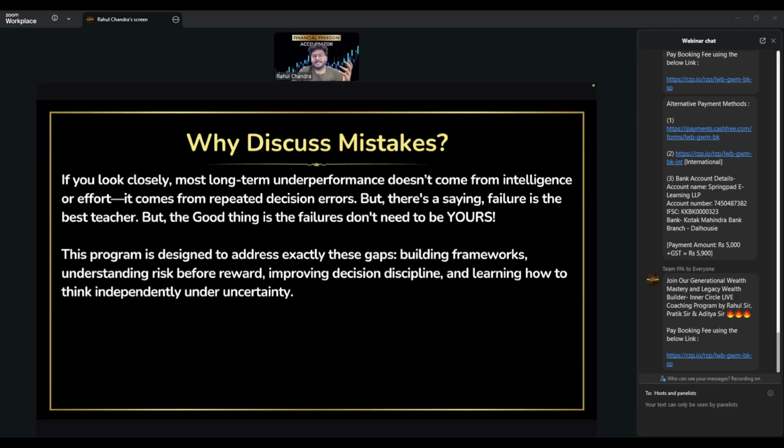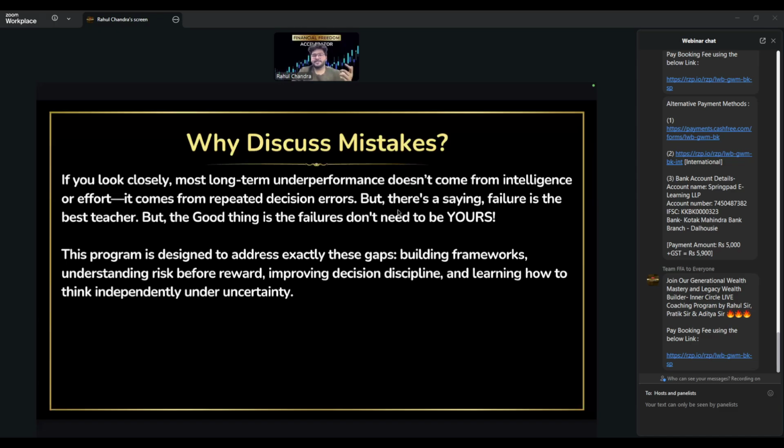And you know what? This program is exactly designed to address these gaps: building your own framework, understanding risk before you try and understand reward. Again, irrespective of whether you are in this program or not, first look at risk, then think about reward. That is something we work on. Improving decision discipline, right?